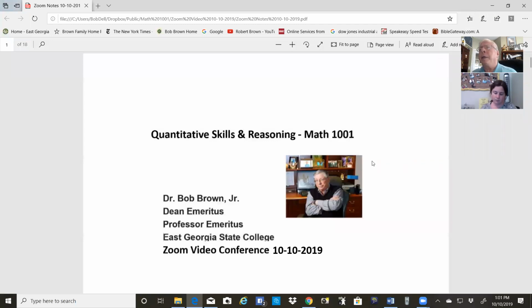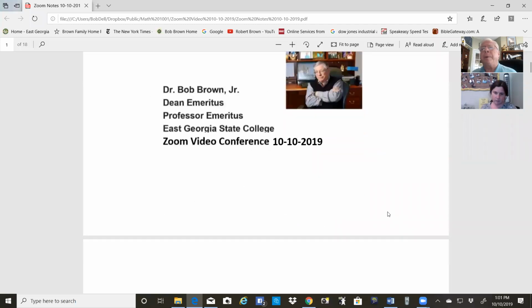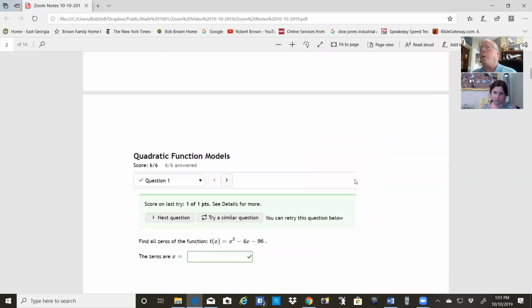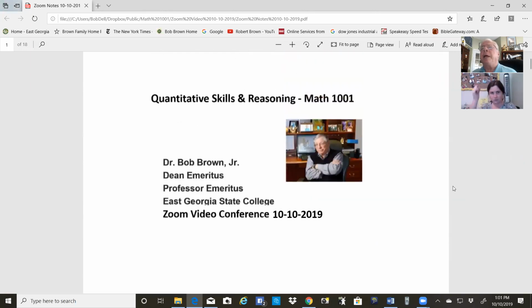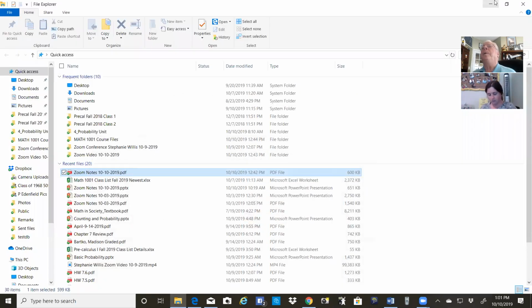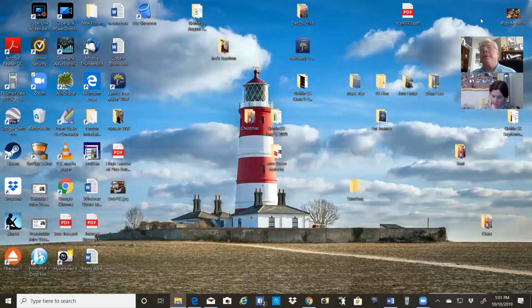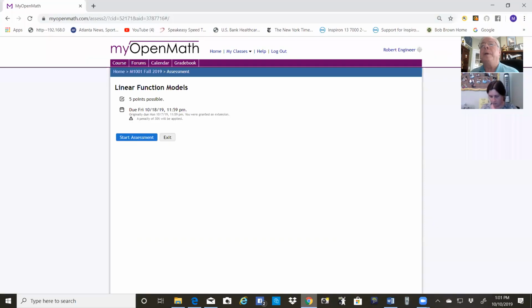And what I wanted to do first, I had originally planned just to talk about quadratic and exponential models, but a student or two told me they were still having a few issues with linear. So I decided to do some homework on the same app you guys use.